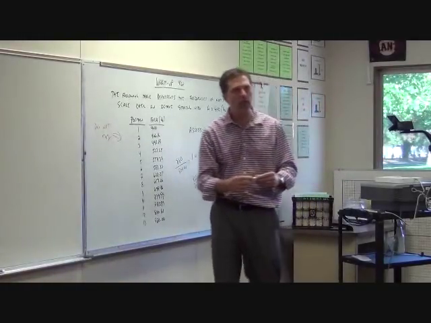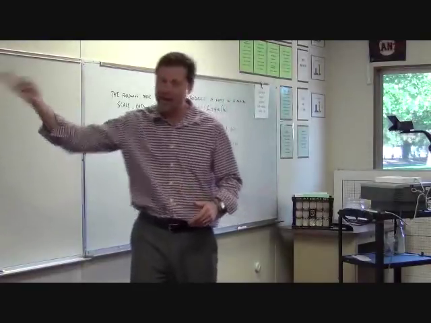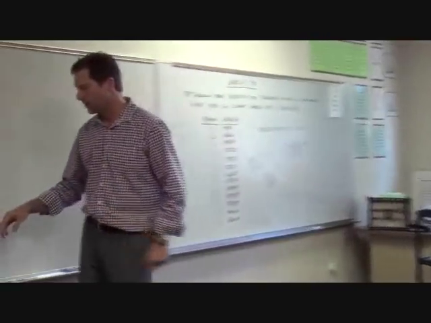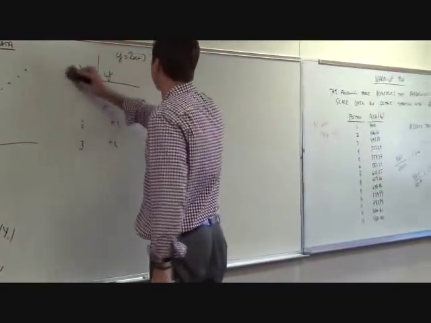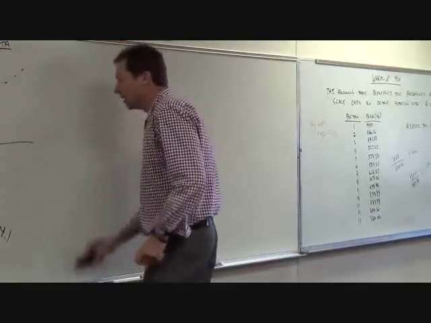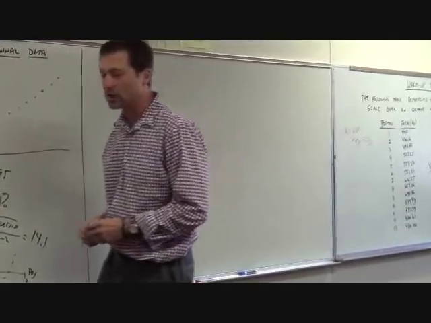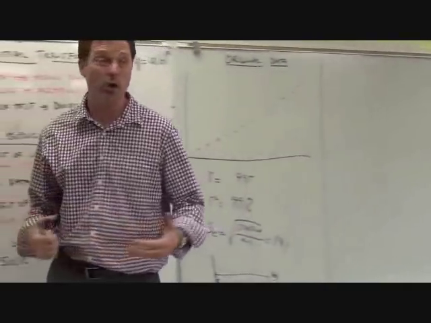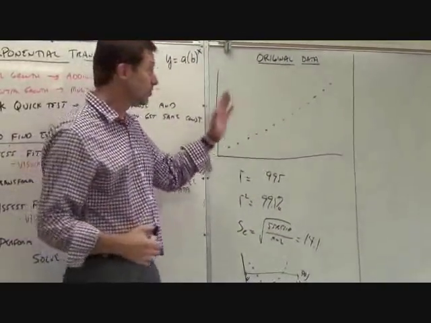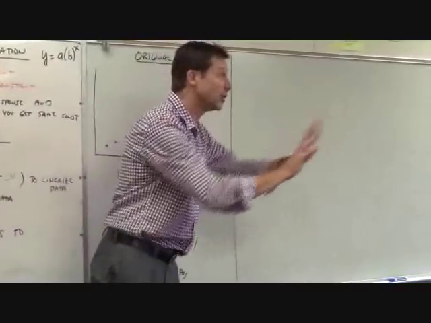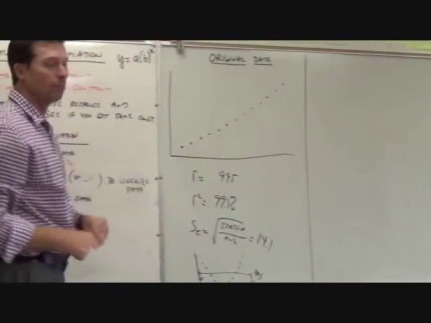Okay, so now I'm thinking, you know what? An exponential model might be a better model to predict for that. So if I'm thinking that exponential might work, here is the process we go through to find out what that equation is. This is exactly what you're going to do on your homework this weekend. What you see on the board and how I'm doing it is how you're going to break up your homework tonight. Here are the steps.